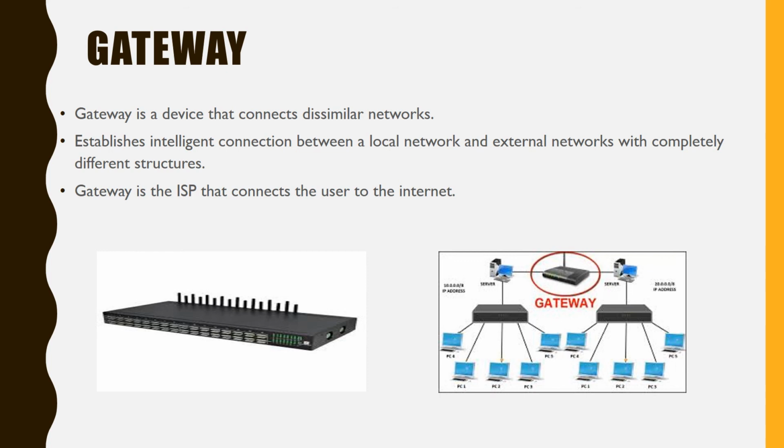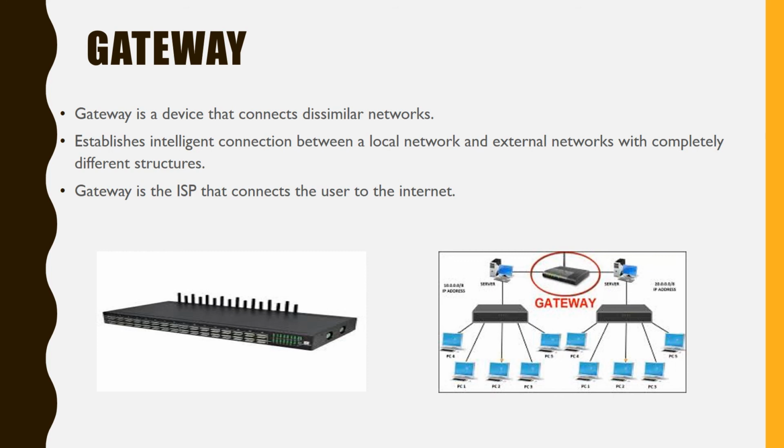Gateway. Now, the limitation of a router is that it cannot connect two types of network. That means it cannot connect a LAN to a MAN, or a LAN to a WAN, and so on. So what is the device which can be used to connect these?